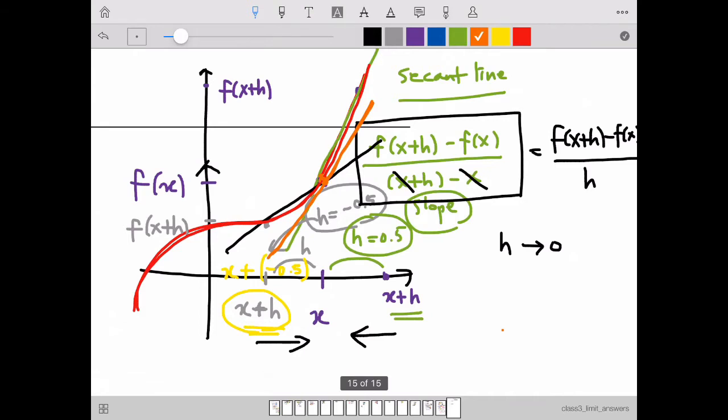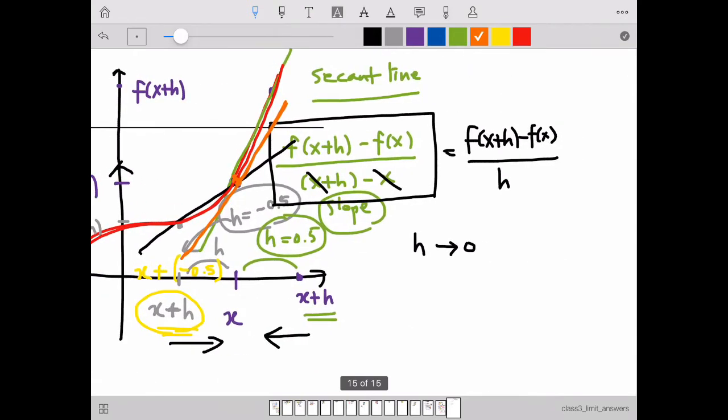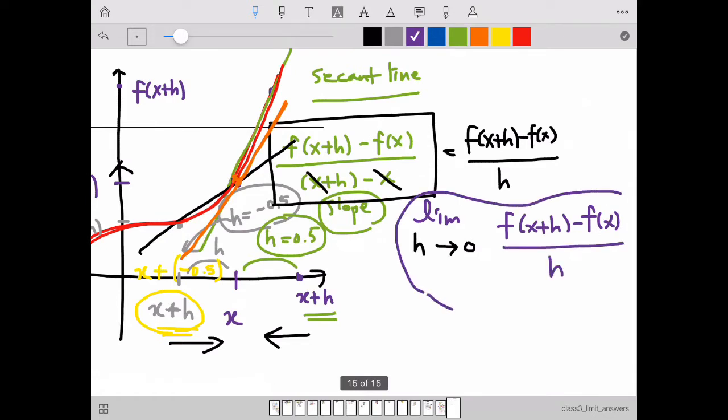So if I look at limit h approaches 0 of this difference quotient, then I get the slope of the tangent line. Okay, so that's the idea.